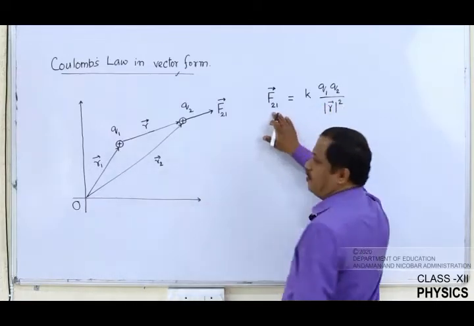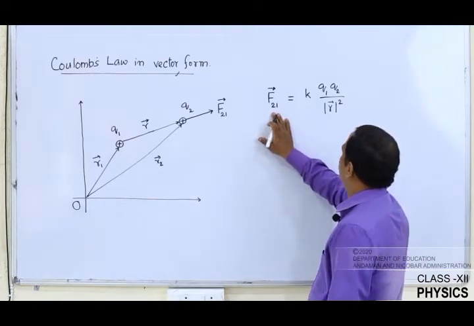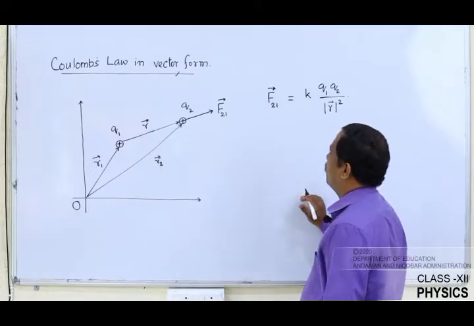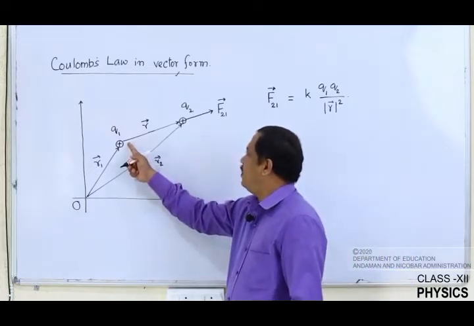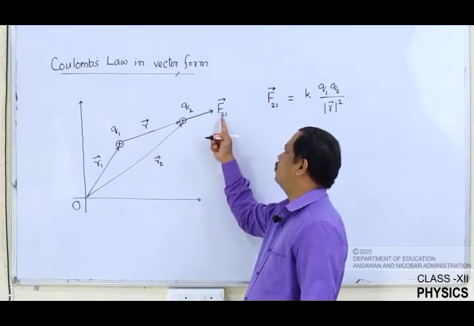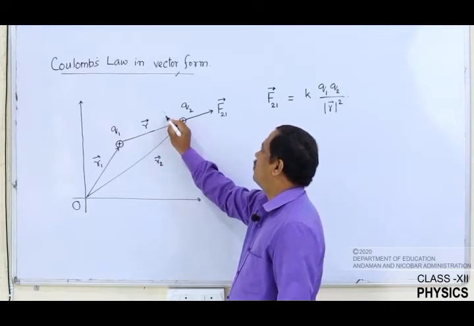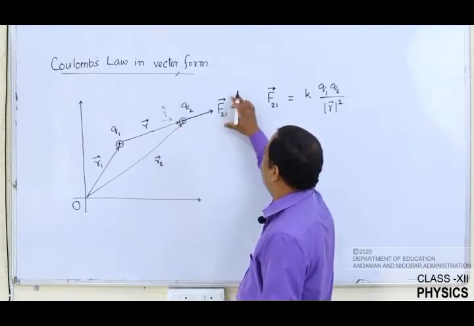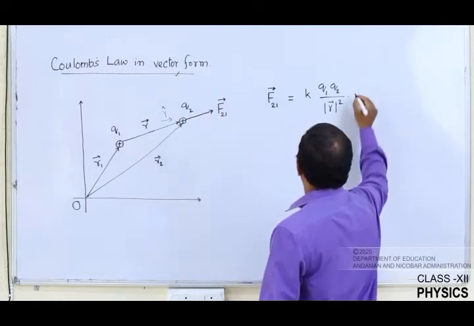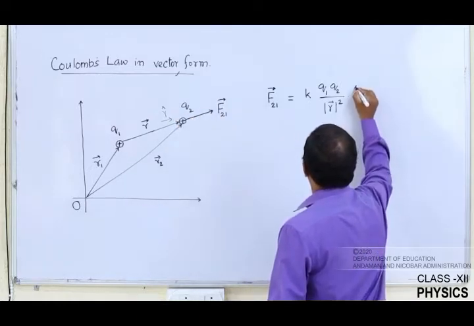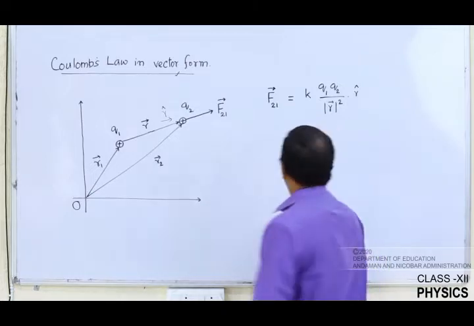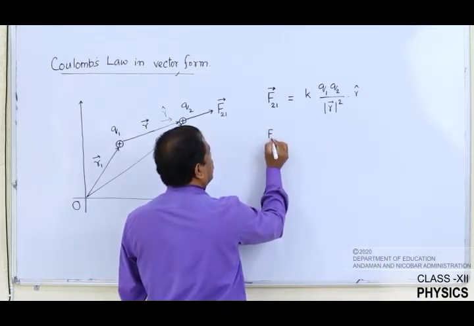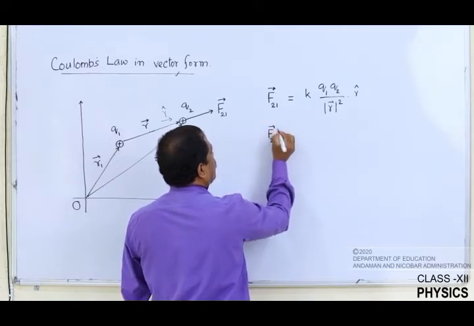Since this is a vector quantity, this gives me the magnitude, and therefore the unit vector pointing from Q1 to Q2 and the direction of F21 are the same. I am going to write it as unit vector R.